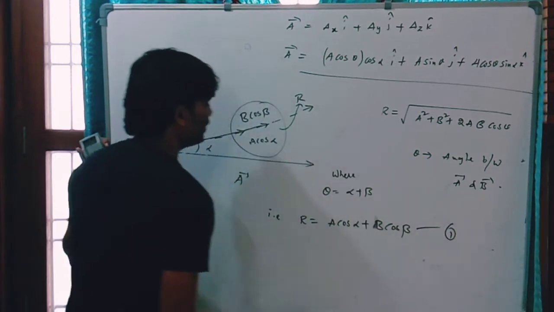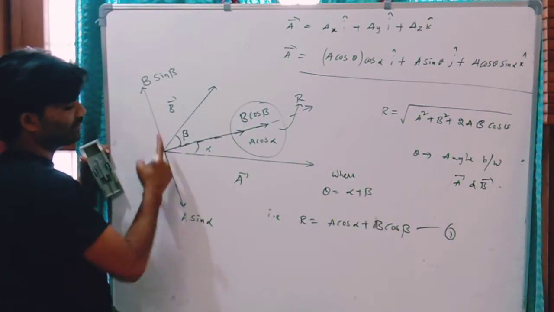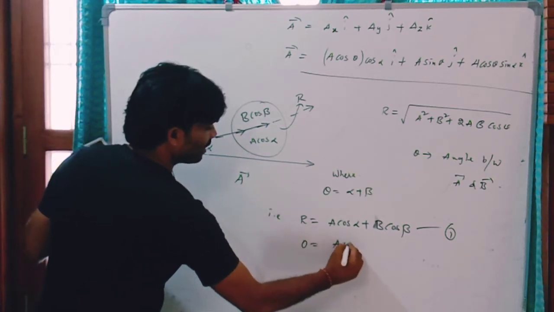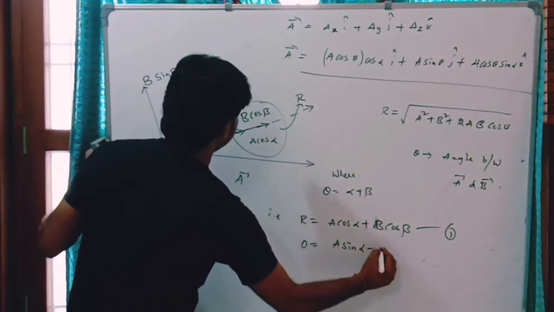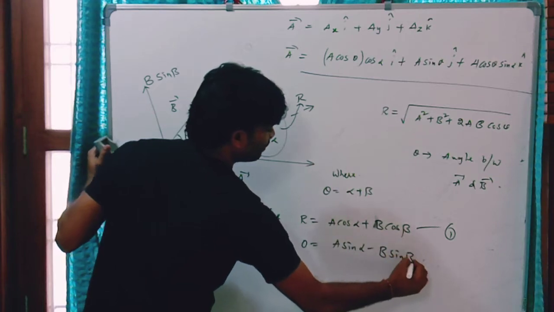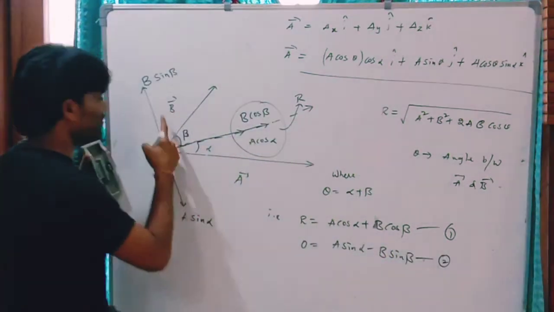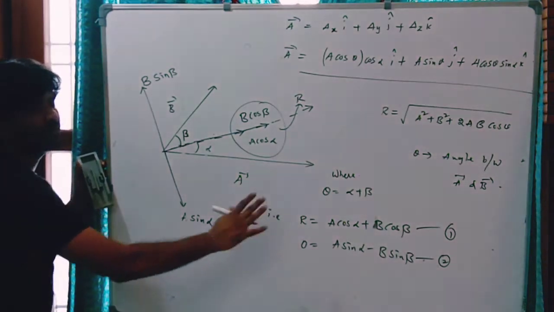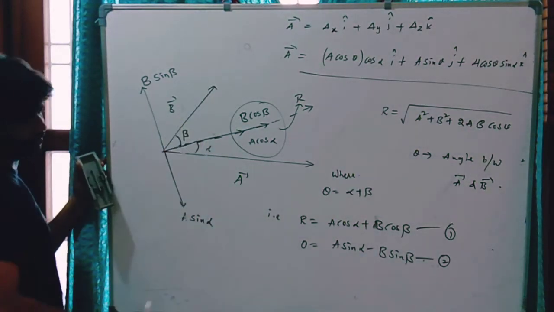This is equation 1. But what is the sum of these two? That is 0. 0 is equal to a sin alpha minus b sin beta, as there is no net value of these two vectors in this direction. So by solving these two, you will get the resultant equation.